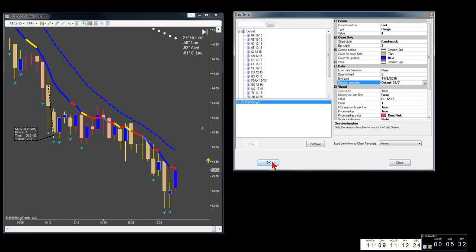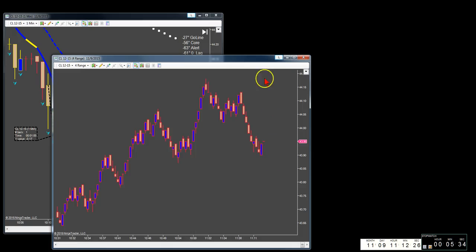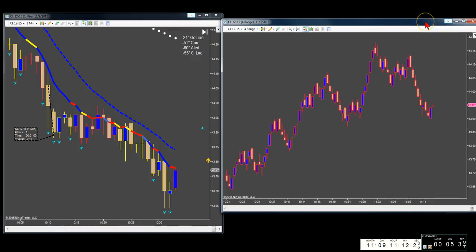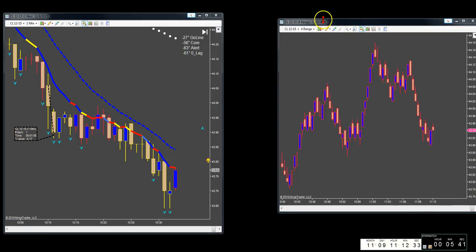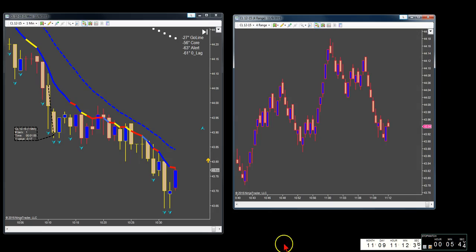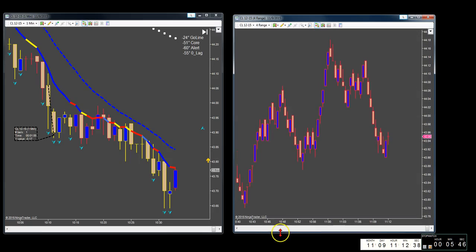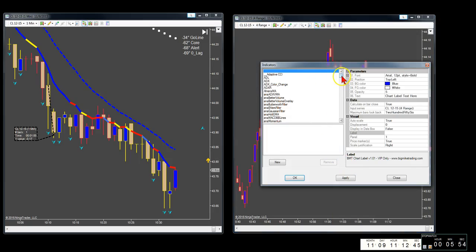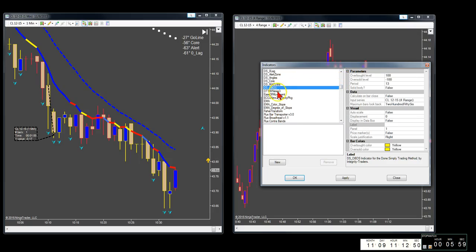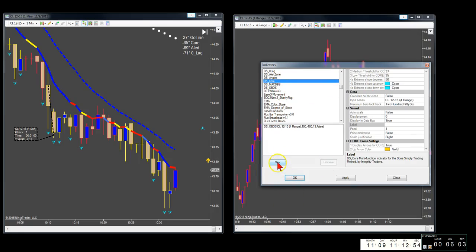And we'll put on OBOS. New, and we'll put on Core, which already has the 4 range on it.